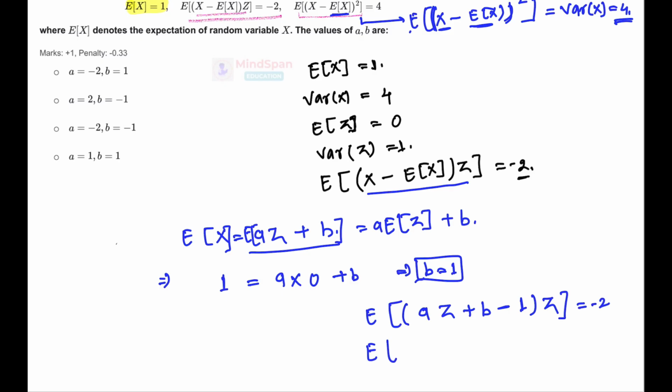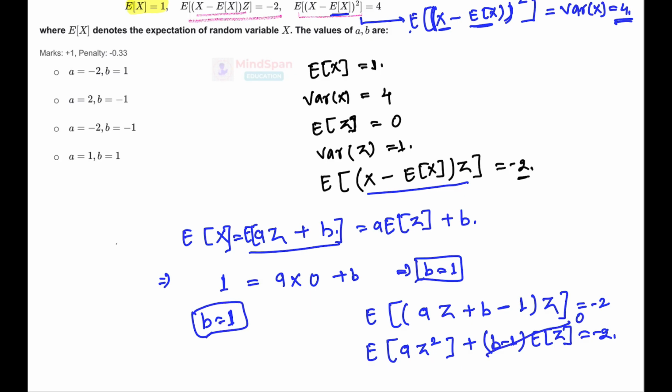Now we can have everything in terms of Z, and we have all the information that we need regarding this random variable Z. So that will be a times Z squared plus (b minus 1) times Z, and the expectation of that is equal to minus 2. We have already found that b is equal to 1, so this quantity will be 0, right? And this will be a times the expectation of Z squared.